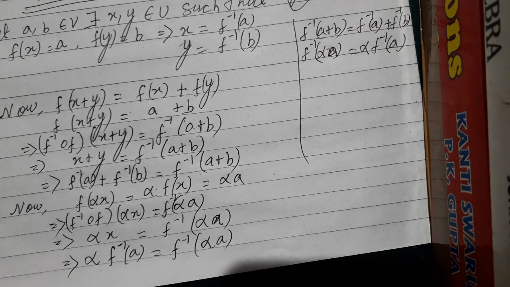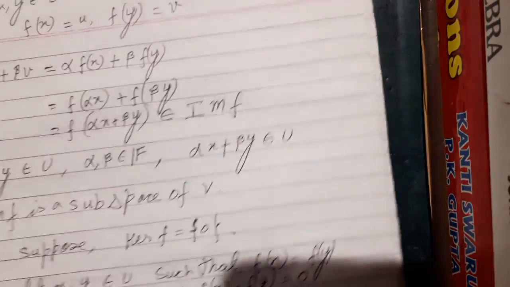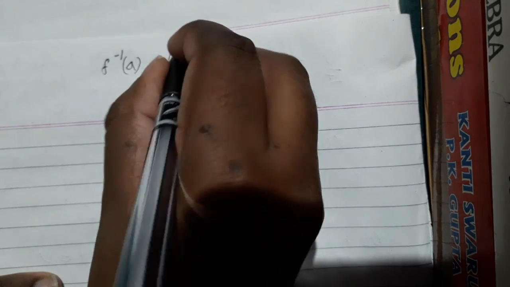So we have proved this. Now we have to show that f inverse is 1 1 and onto. I'll take two elements which are the same. I'll take f inverse of a equal to f inverse of b.